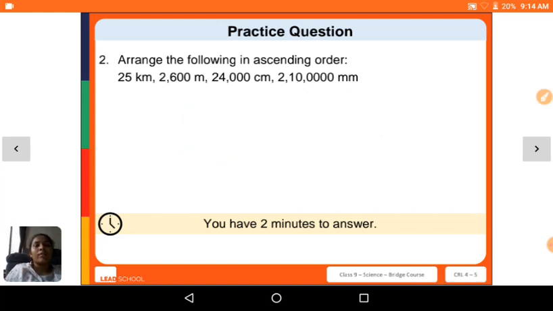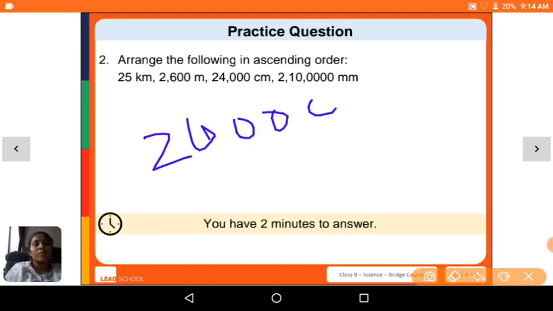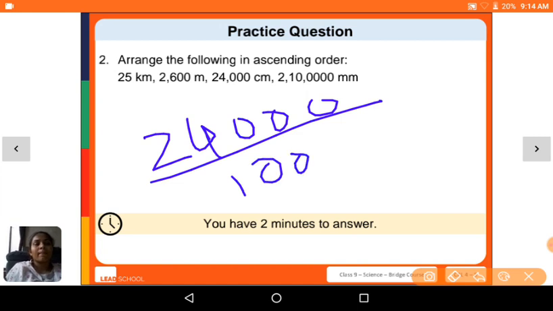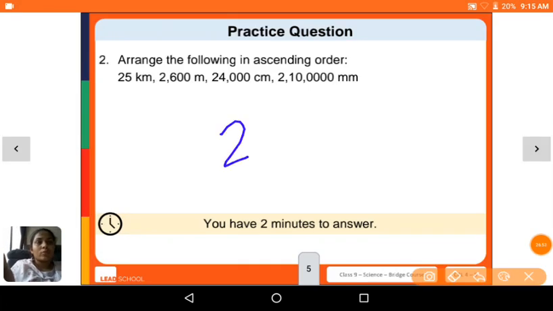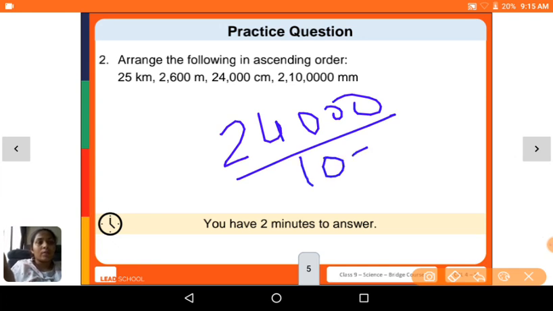Now if we convert 24,000 centimeter into kilometer, 24,000 divided by 100. So now this centimeter is converted into meter, right? 24000 divided by 100 will give meter.